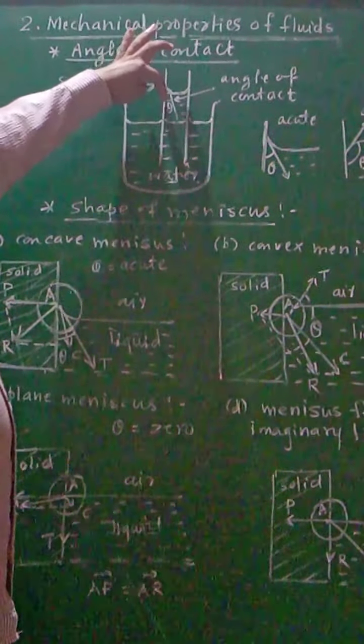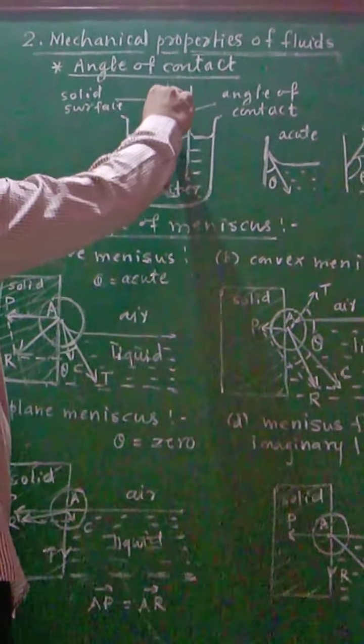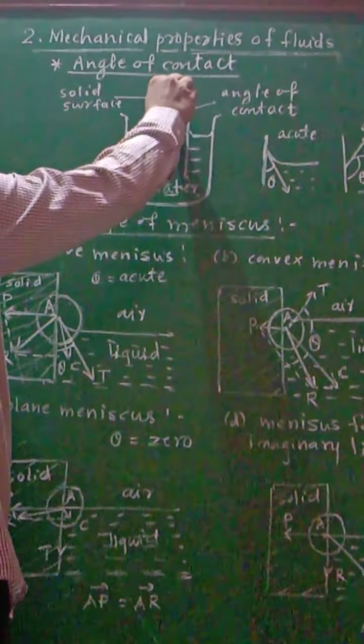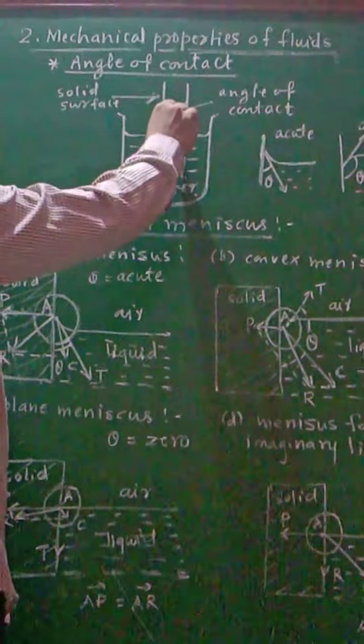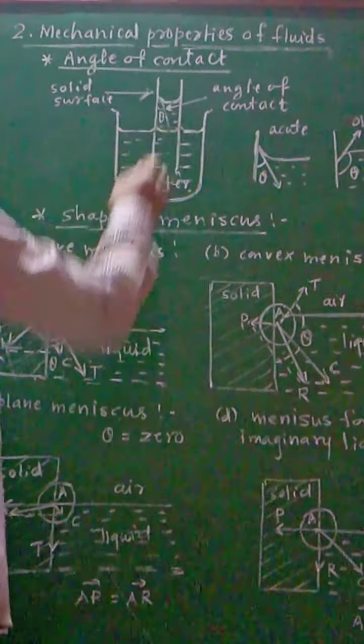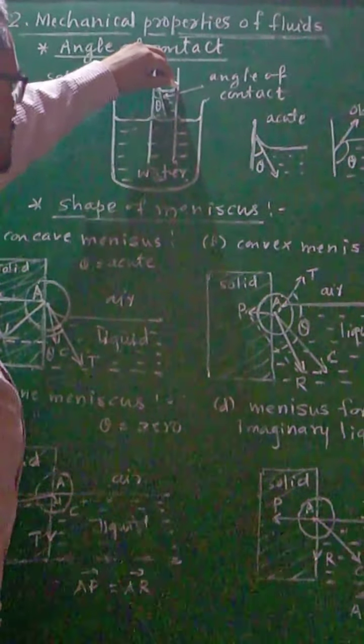Here the angle of contact is theta, that is the angle between the solid surface and the tangent drawn to the liquid surface at the point of contact measured inside the liquid. This angle of contact may be represented here also.